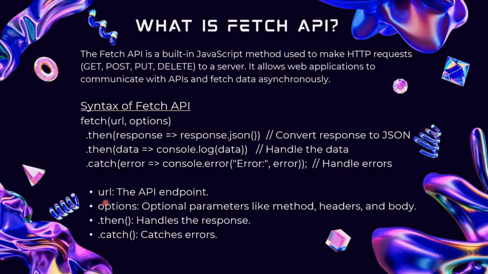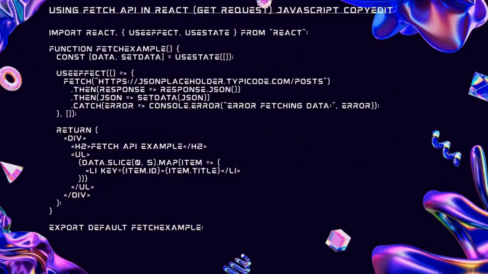What is URL here? The API endpoint. Options are parameters like method, headers, and body. Then handle the response. Catch, catching errors.